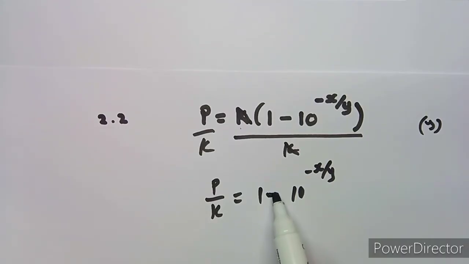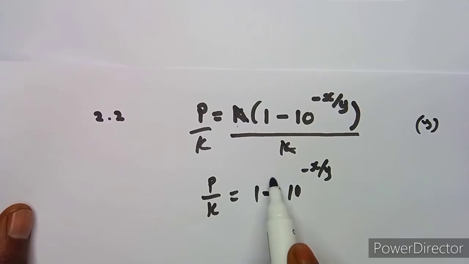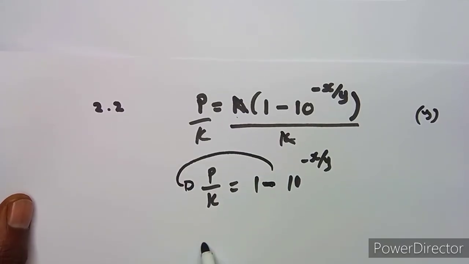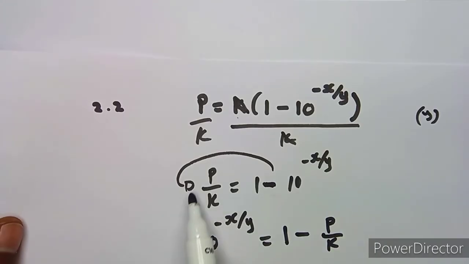So let me make it positive by transposing it to this side. You're going to have 10 to the exponent of minus x over y, which is equivalent to 1. Then transpose p over k to this side, which is going to be p over k, minus, because it was a positive, so it's going to be a negative.